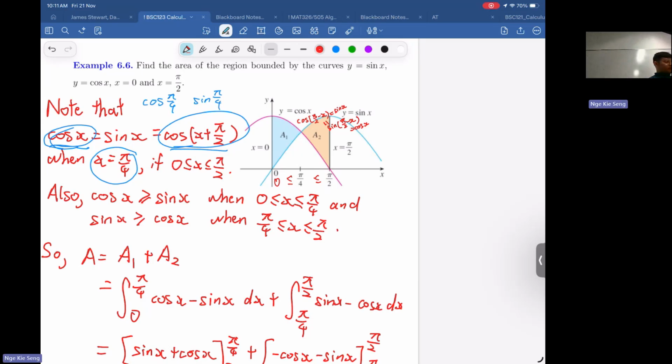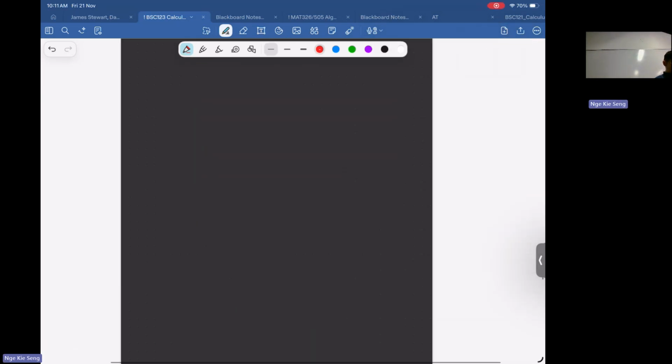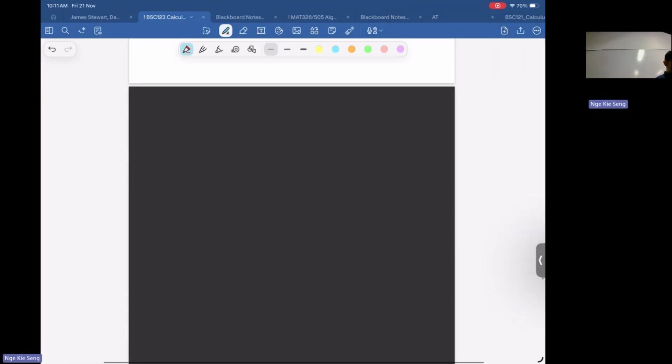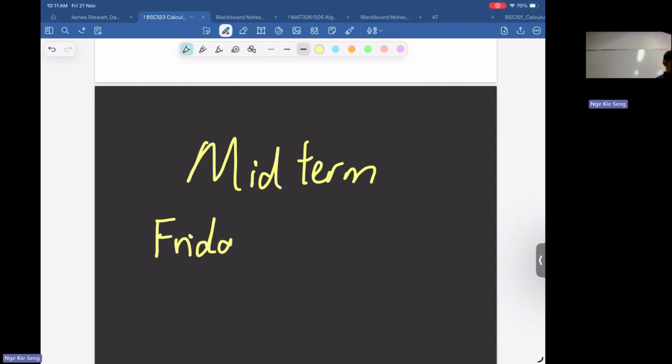Okay, so announcement for your midterm. If you look at your Moodle announcement, you check your Moodle announcement. So when is it? The day is Friday, right? What's the date? 28. So it's 7 days from today.